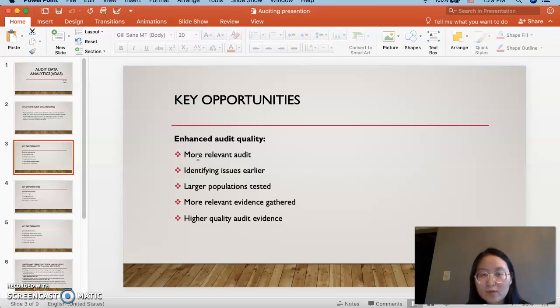This enables problems to be identified as early as possible, and the audit team can tweak the audit approach to deliver a more relevant audit by adapting their audit plan accordingly.